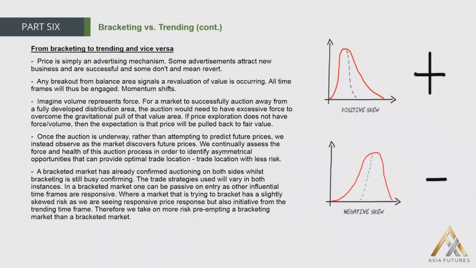So, as traders, we continually assess the force and the health of the auction process in order to identify asymmetrical opportunities that can provide optimal trade location and, more importantly, trade location with less risk. In an ideal world, if we're a momentum trader, we're looking to be momentum traders when there's a high probability for momentum.